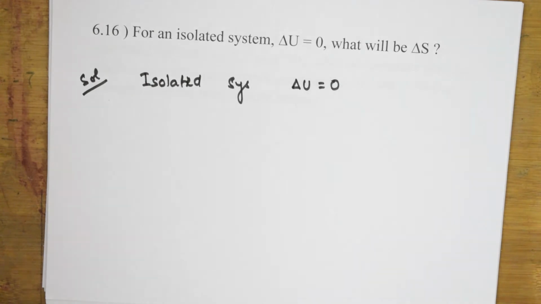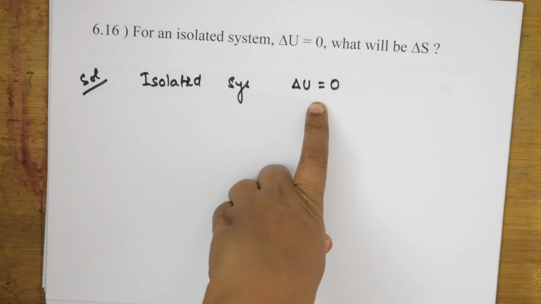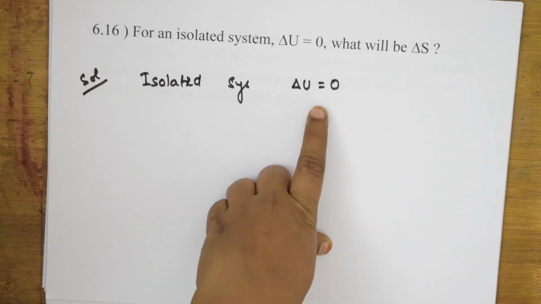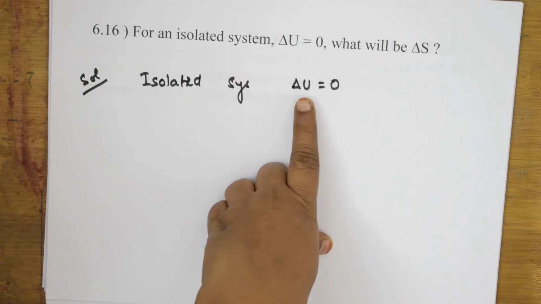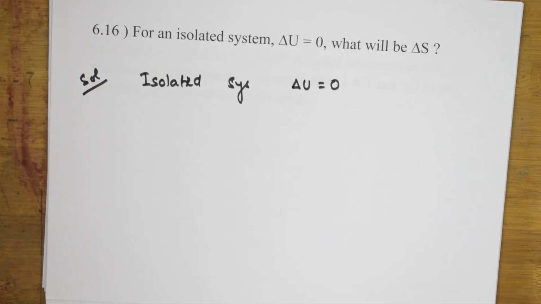U is 0. Right. First important thing, for an isolated system, the internal energy is 0. And for a spontaneous process, right? If you want this reaction to happen, if you should have a spontaneous process, total entropy change should be positive. That you should remember.